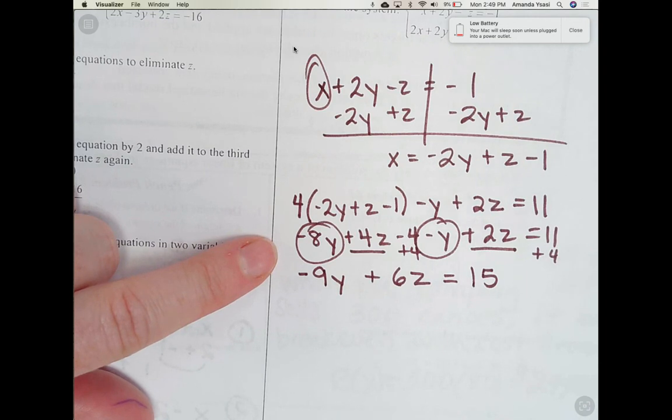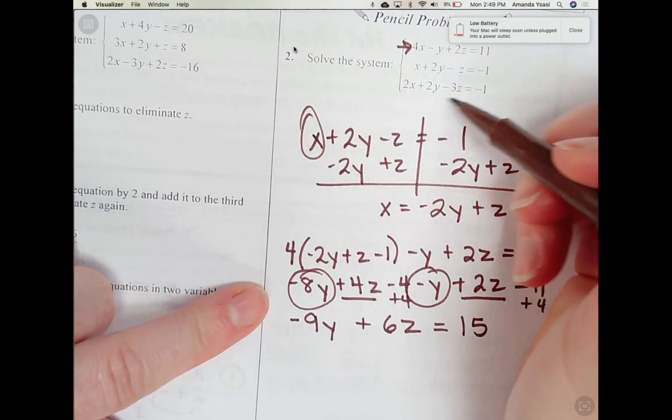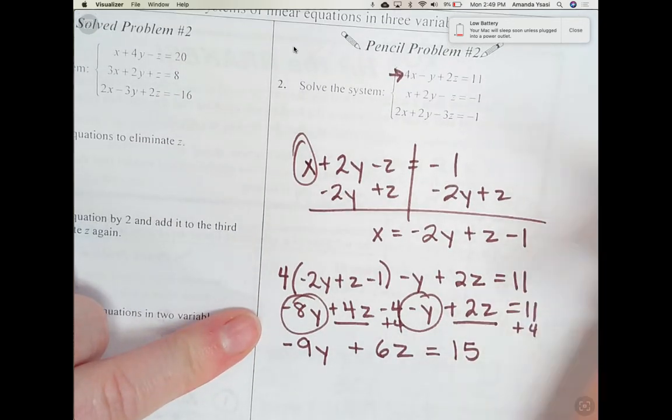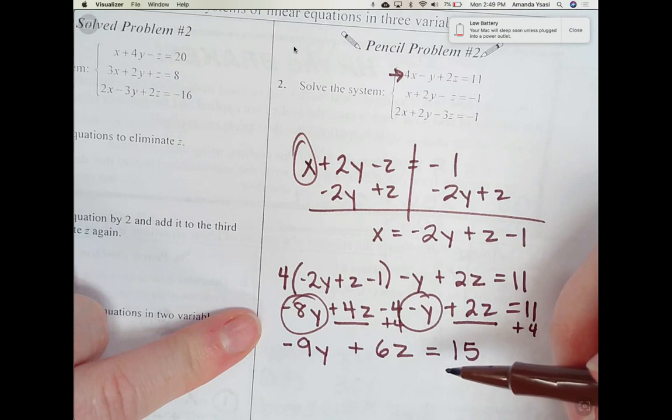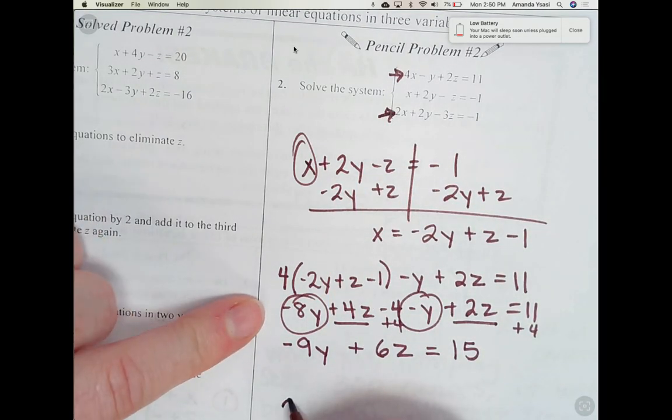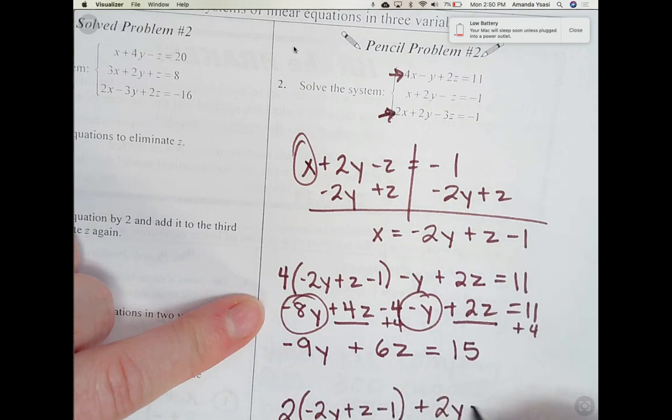Now what? To do the same thing to the last equation? What do I want to solve it for? Or do I want to substitute in? Substitute in? Okay. So I'm going to substitute in here. So 2 times the -2y plus z minus 1 plus 2y minus 3z equals -1.